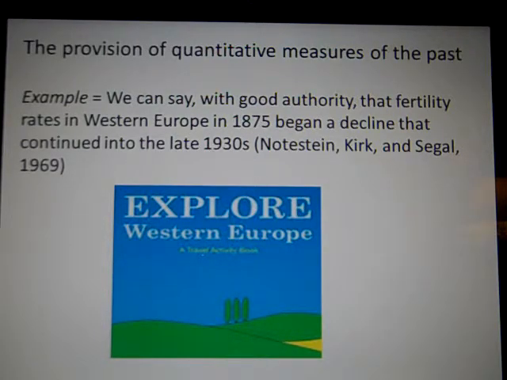For example, when we say quantitative, we're talking about numbers. Demography allows us to apply statistical data, numbers, to social phenomena, to things that happened many, many years ago, to understand things better. For example, we can say with good authority that birth rates or fertility rates in Western Europe in 1875 started to decline, and that continued into the late 1930s. Now you might think, well, that's kind of random.